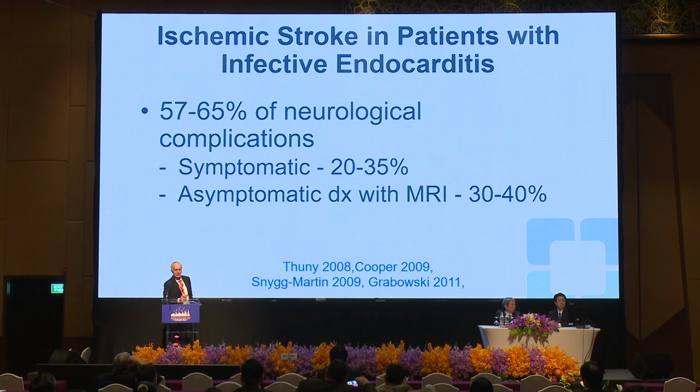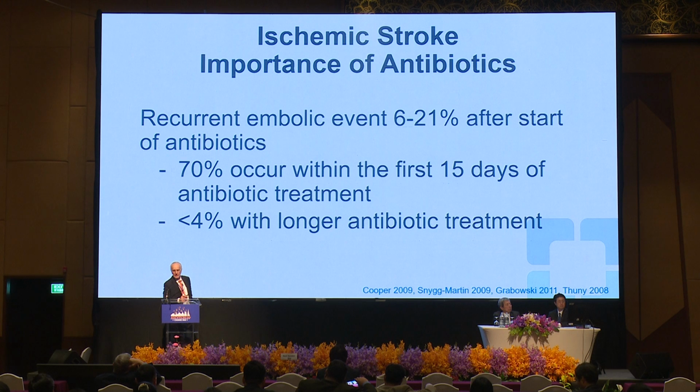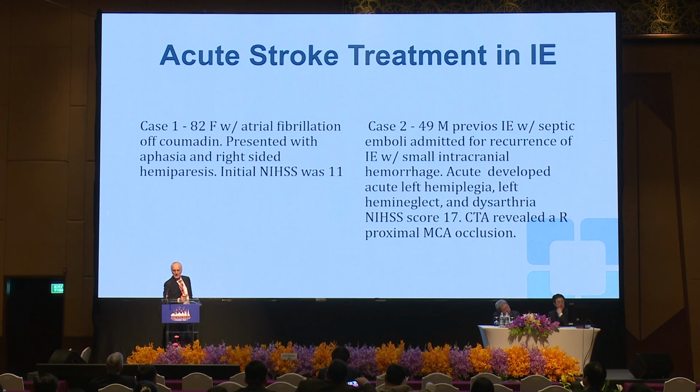If you really look for them and evaluate the patient's mental status, of course, many of them are not asymptomatic. We also all know that once you start antibiotics, the risk of additional emboli quickly goes down, and if you go beyond 2 weeks of antibiotic treatment, very few cases will happen.